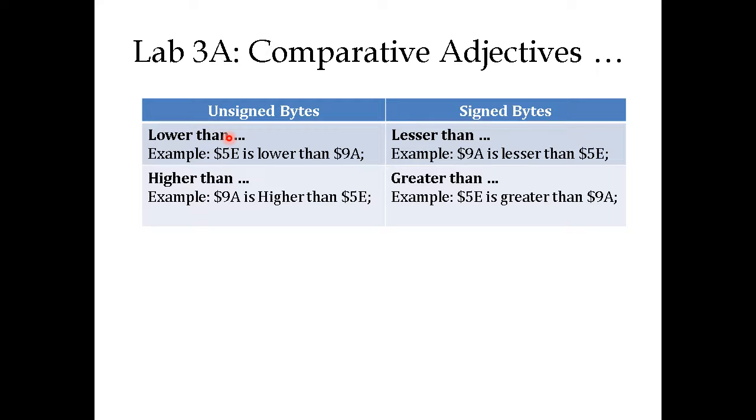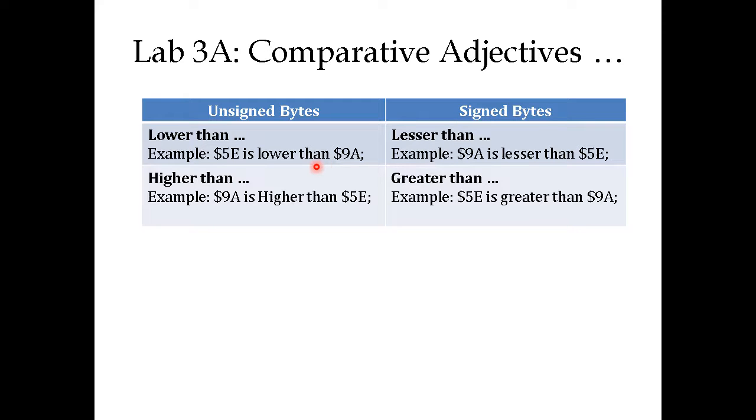If you're using the number as unsigned, we use some wording like this: lower than or higher than. If I'm just saying, for example here, 5E is lower than 9A, then by the lower than, you know that I'm comparing the number as unsigned.